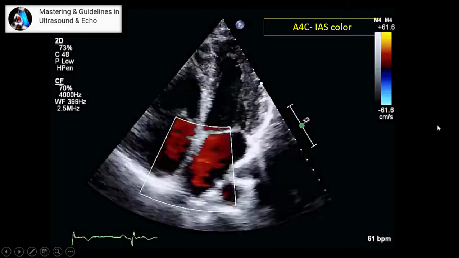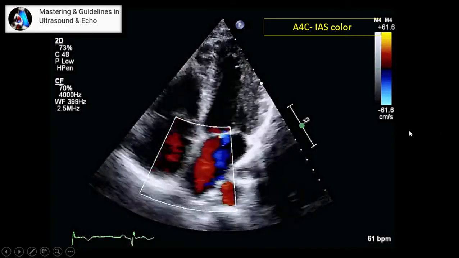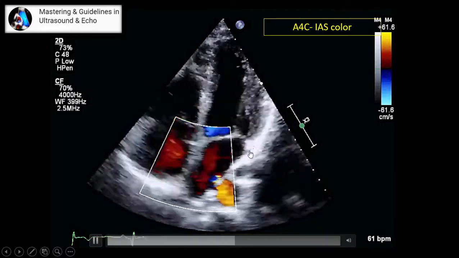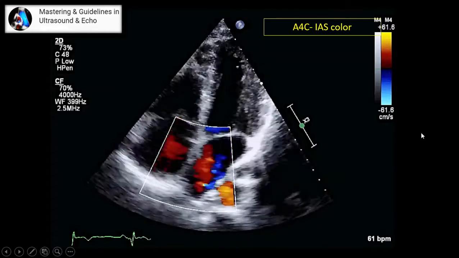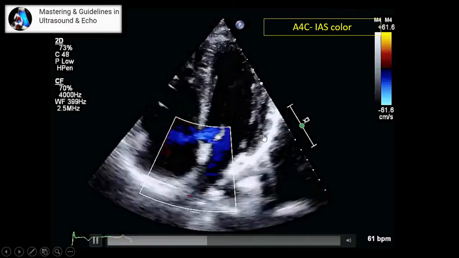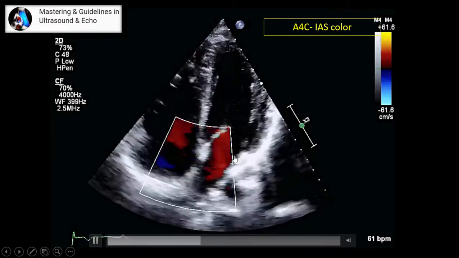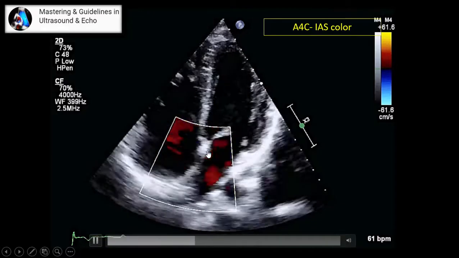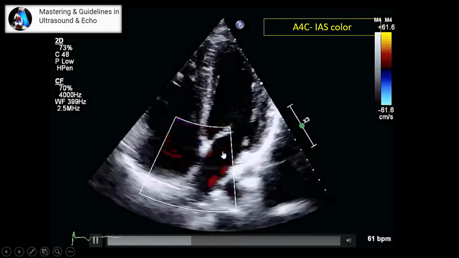After finishing the tricuspid, we go for the interatrial septum. It's not mandatory, but it's better to always do interatrial septum color in apical 4-chamber. During that color, don't get just one image.